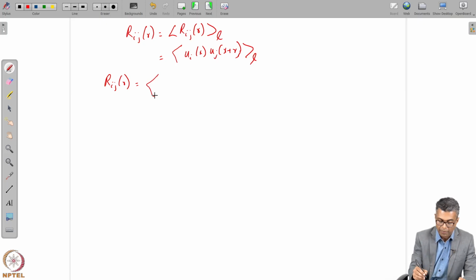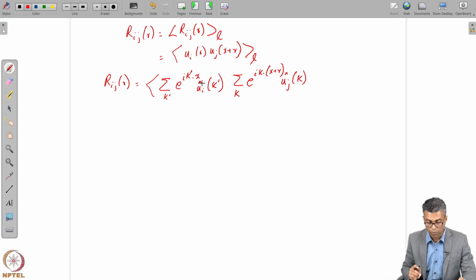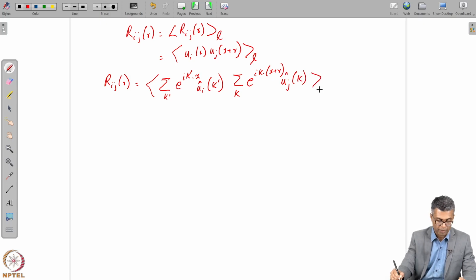So I have the summation over kappa prime of e to the i kappa prime dot x times u_i hat of kappa prime, and that's the first part. In the second part, u_j of x plus r, I write as a summation over kappa of e to the i kappa dot (x plus r), because it is x plus r, times u_j hat of kappa.